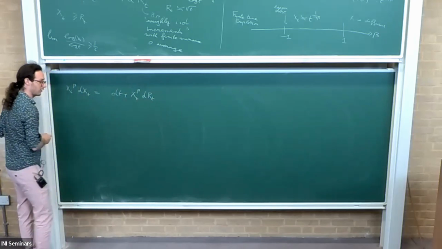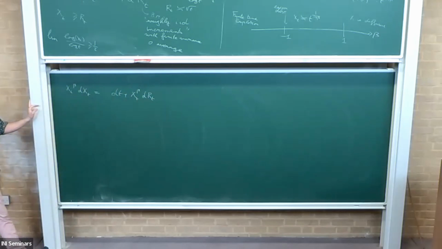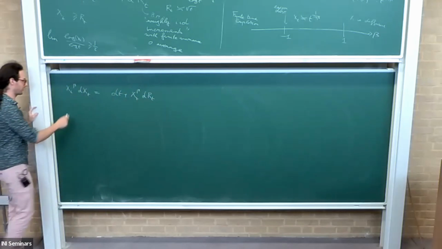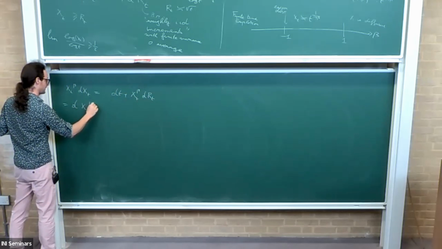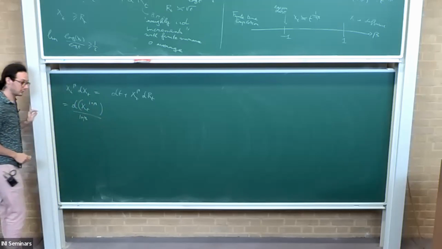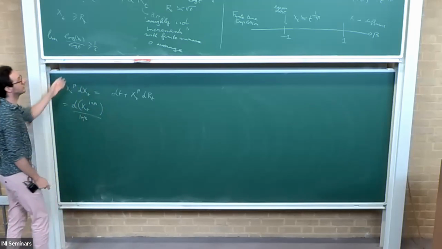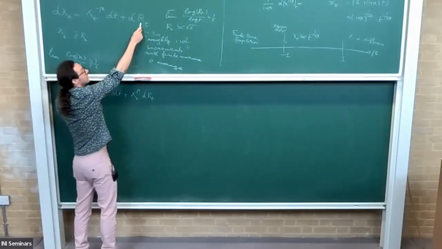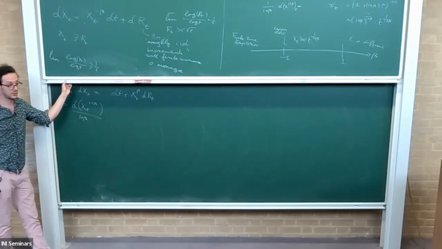And I'm going to do something that, of course, we cannot do. I'm going to completely neglect the quadratic variation part. So I'm going to pretend that this is the same as d of xt to the 1 plus beta divided by 1 plus beta. The reason is that if I were to put a quadratic variation term, then that would mean that I assume that R is essentially a martingale, which I do not want to do, actually.